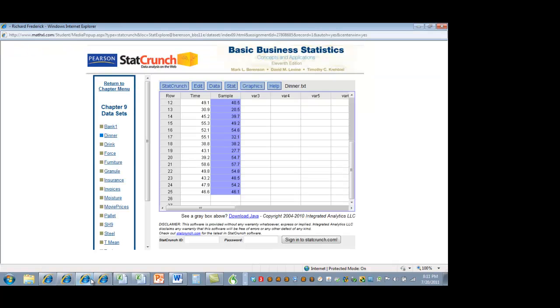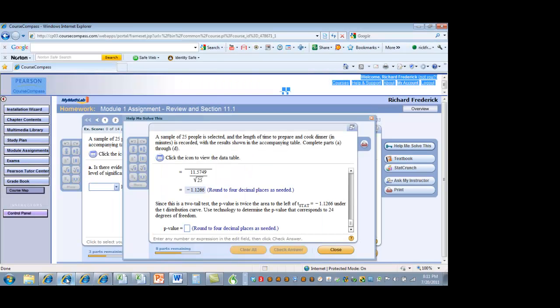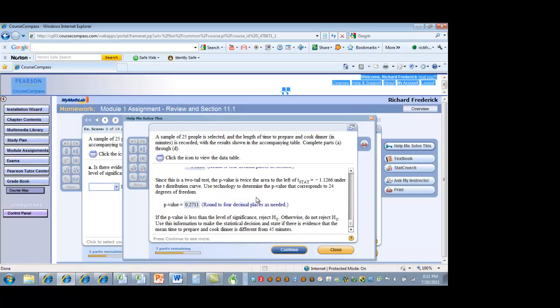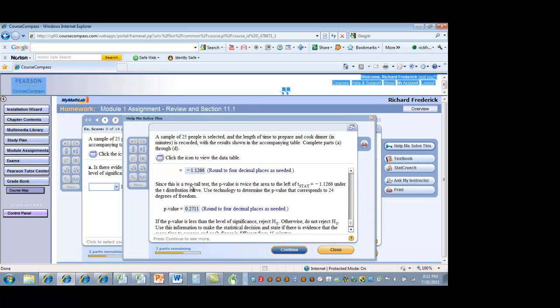We'll go back here to our problem and see if that's right. It is. What it's saying is, outside of the t distribution, how much area is in the curve from negative 1.13 to positive 1.13? Well, 27% of the curve is out there.